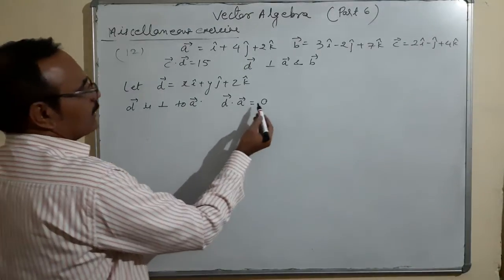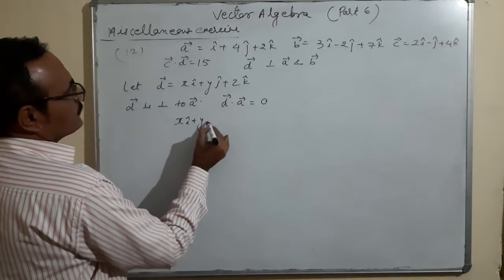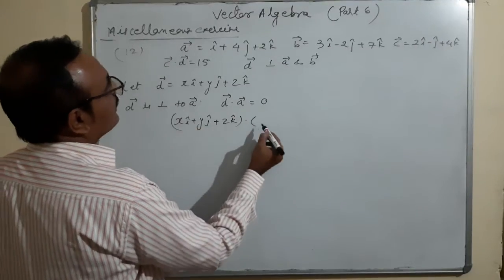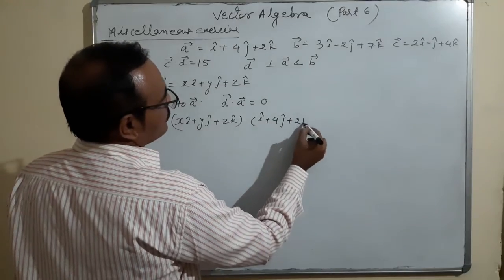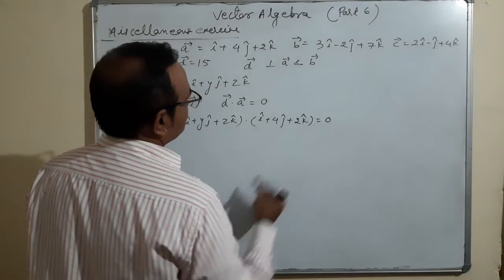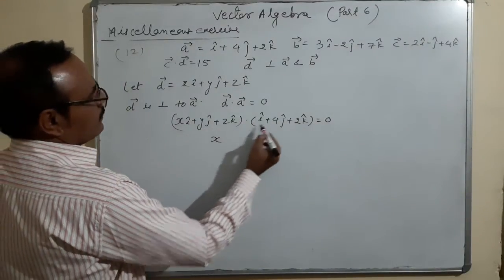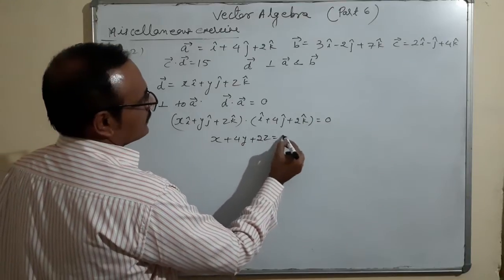So d dot a is equal to 0. xi plus yj plus zk dot a, i plus 4j plus 2k, is equal to 0. Scalar components, x plus 4y plus 2z is equal to 0.